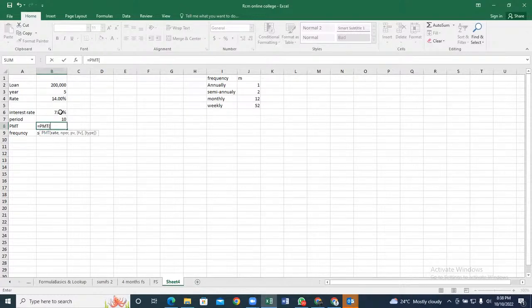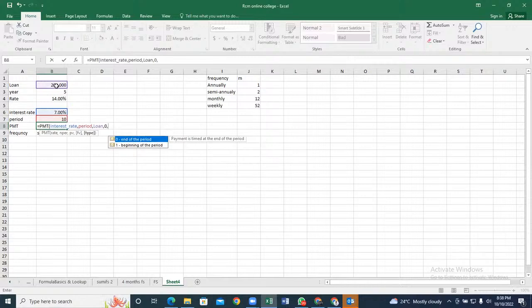We use this automated interest rate, comma, number of periods, we have it there, comma, present value is the loan amount, comma, future value, we have 0, comma, and for this illustration, we said we are going to use end of period.